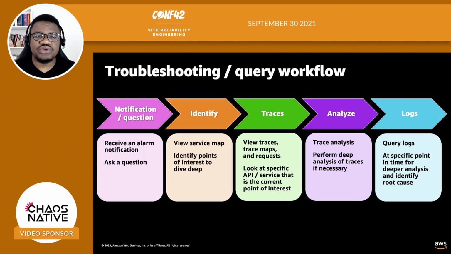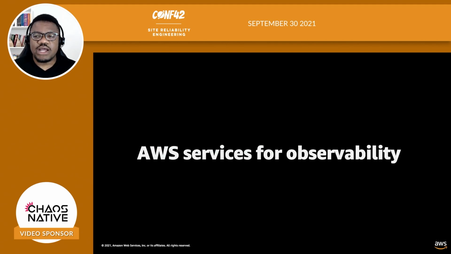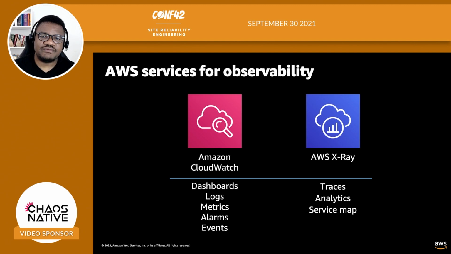But what we then do is look at the AWS services that can help you through this workflow and ensure you have observability put in place in your application. Now, we have two key AWS services that help you to implement observability. The first one is Amazon CloudWatch, which is a service that can help you to ingest logs, create metrics and alarms within your application.